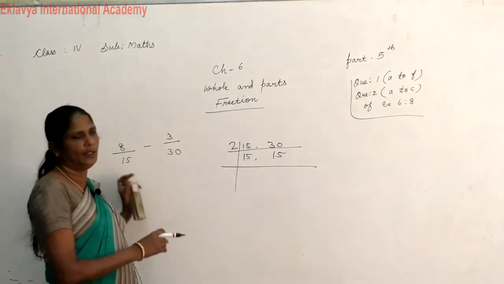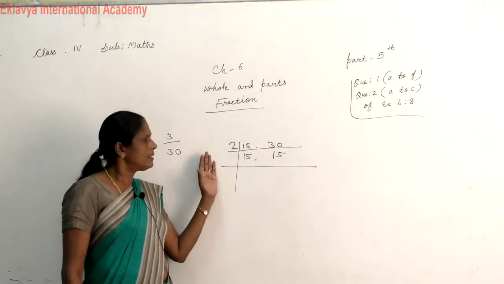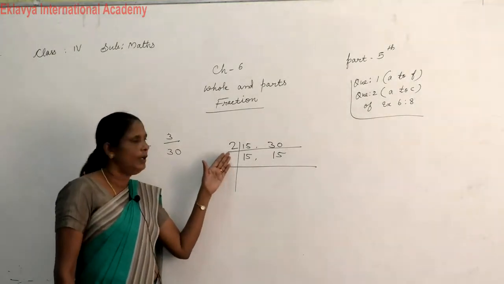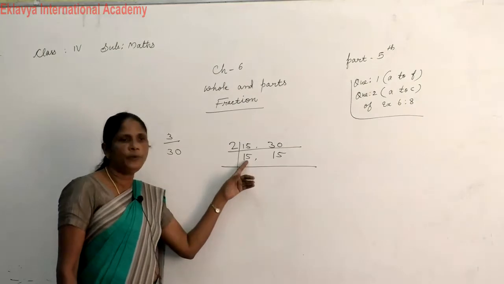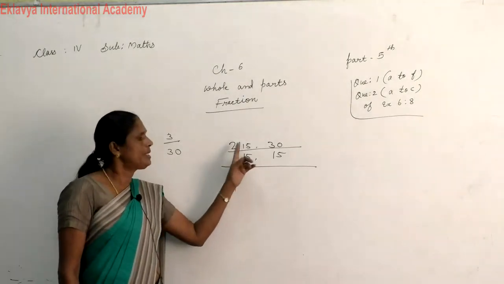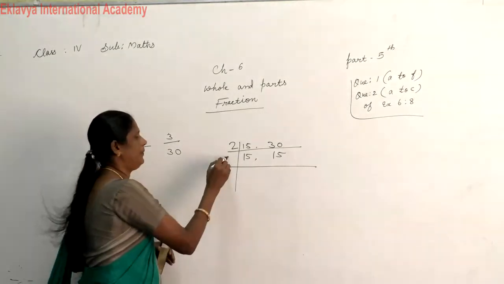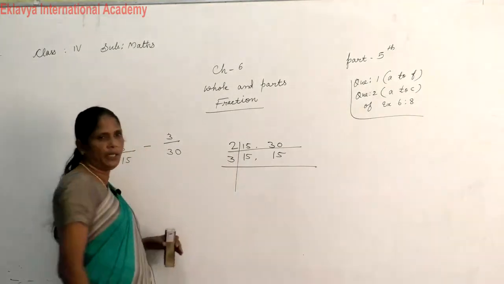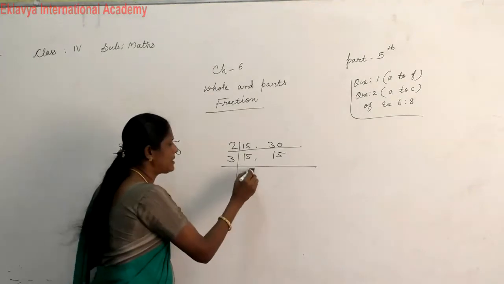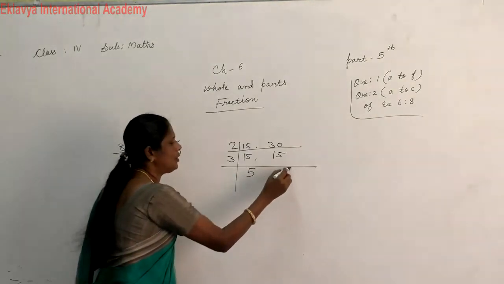Now next, again you check, is 15 divisible by 2? No. Next prime number 3. Is 15 divisible by 3? Yes. How many times? 5 times. Here also 5 times.